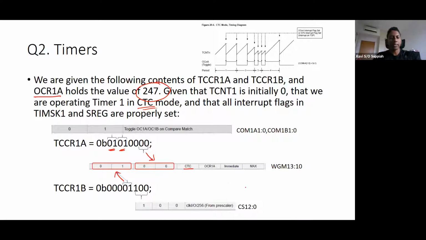And finally, the last 3 bits of the 1B register give us the prescale value. So these are the things you need to take note of when given the contents of a particular register used to configure a peripheral. What does each of the bits mean?